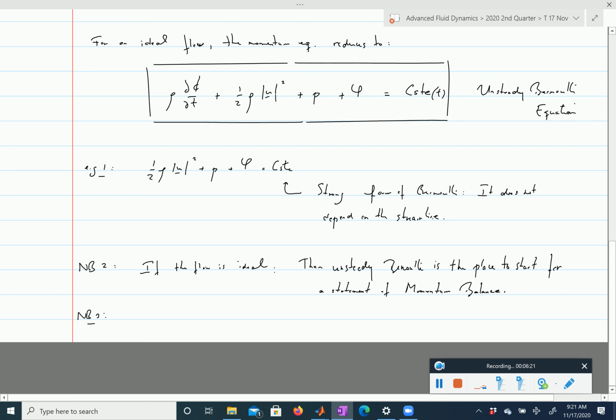That is how you will most of the time use the unsteady Bernoulli equation. We will find the velocity field, because we can make a lot of assumptions. If we assume the flow to be ideal, we already know a lot about it. We know that it is incompressible and irrotational, so it is easier to compute the velocity field given the boundary conditions, and then we can directly relate that to the pressure field. So when the flow field u is known, the pressure field p, and therefore all of the forces, is known.